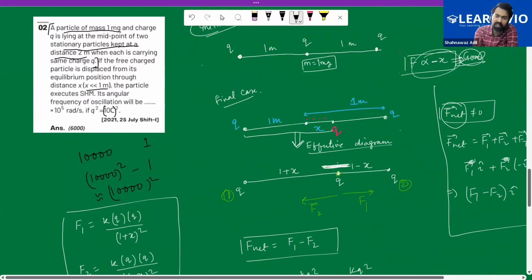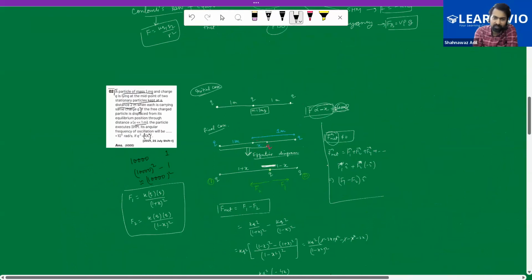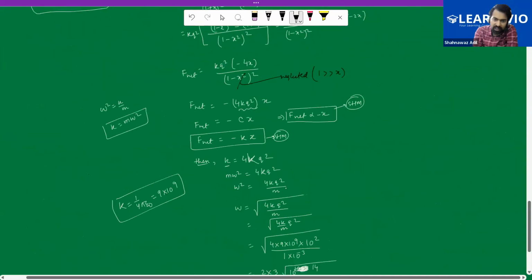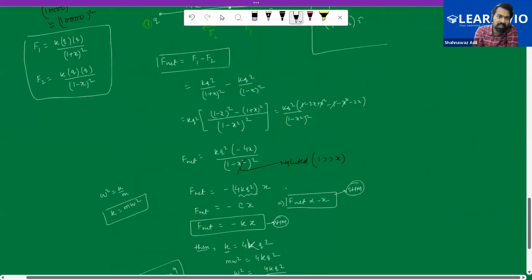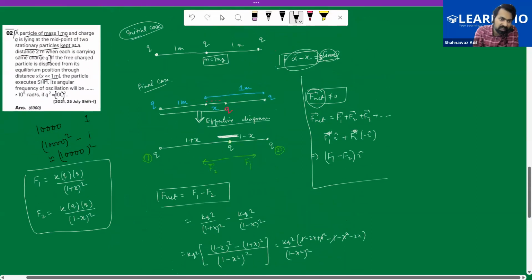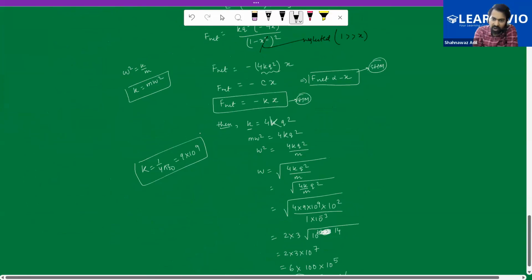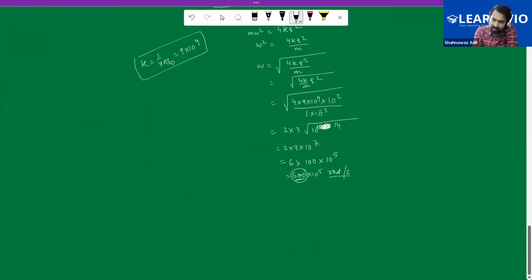Okay, is this clear? Yes, sir. So there is one missing 10, right? Because the answer is written in 10 to the power 5 radian per second, and we got 10 to the power 7.